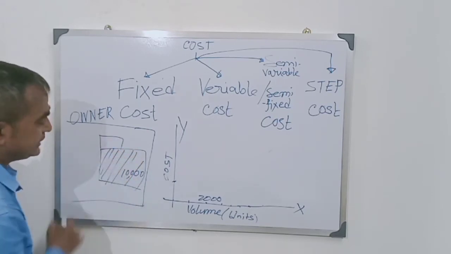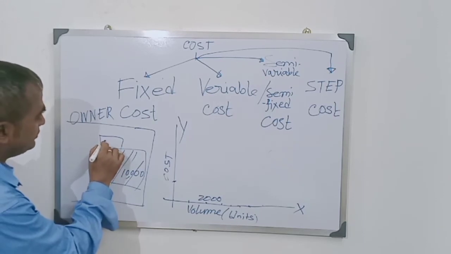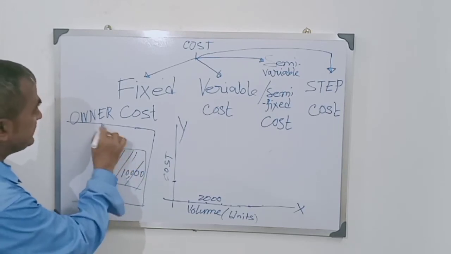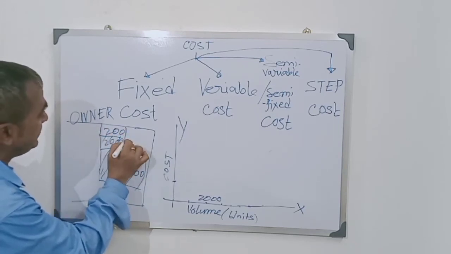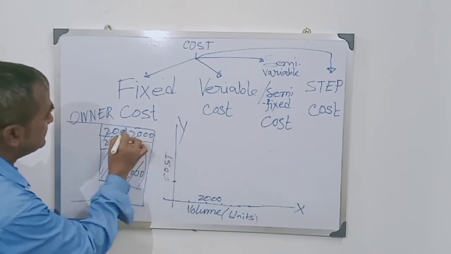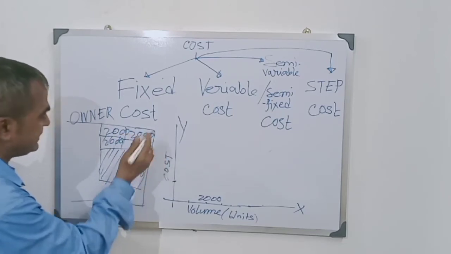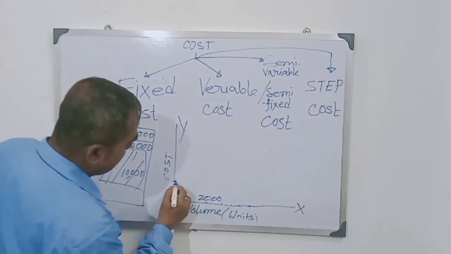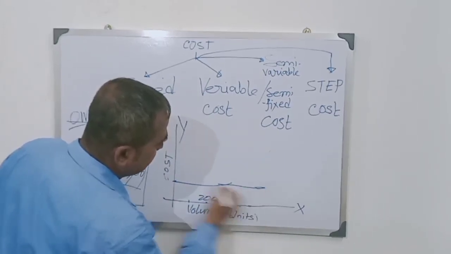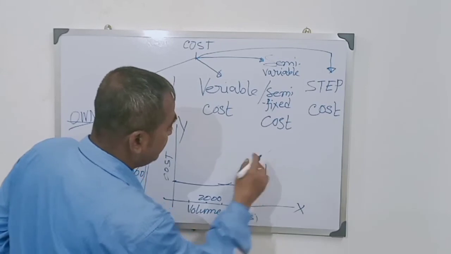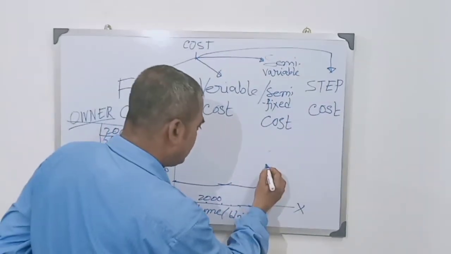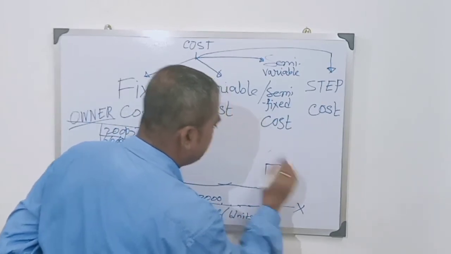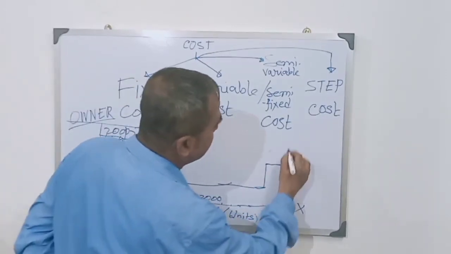Once you take this, for 12,000 units of production you have to pay rent again. If you increase by another 2,000, again you have to pay 2,000 rupees, as again 2,000 spare capacity is taken from the owner. So up to 10,000 it is fixed, then it steps up for the next 2,000, up to 12,000 units fixed. Again you rent, then it goes like this.